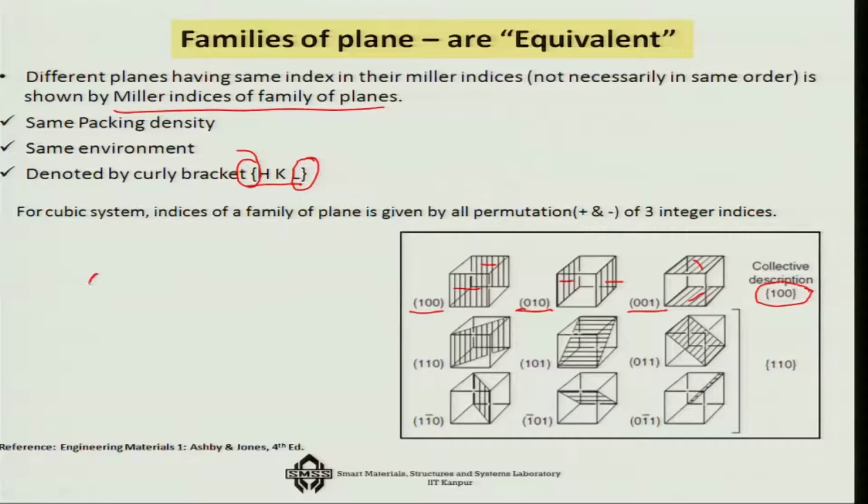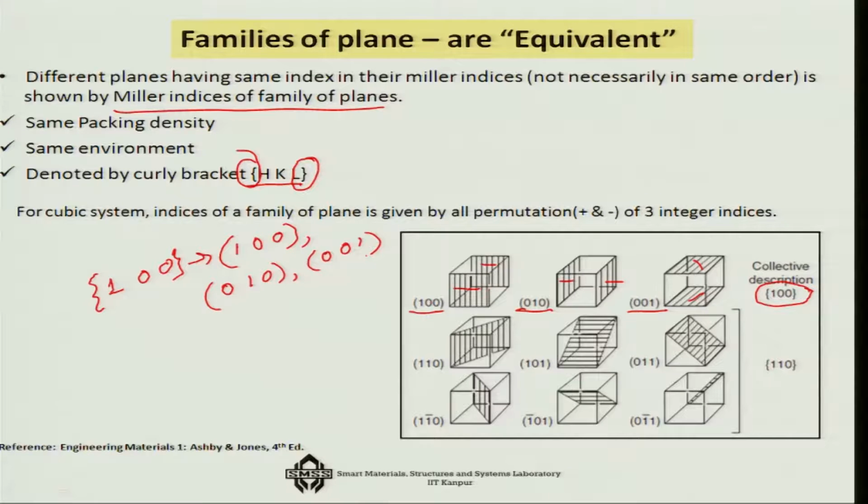So, that means your curly bracket 1 0 0 can actually generate 3 of the planes, that is the 1 0 0 plane and the 0 1 0 plane, and whatever other combination is possible, 0 0 1. So, that is what we have shown.